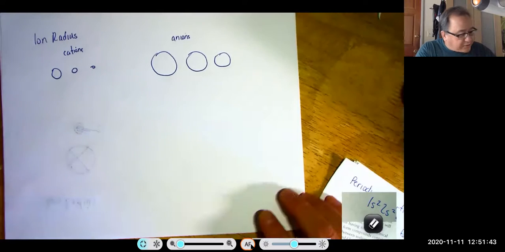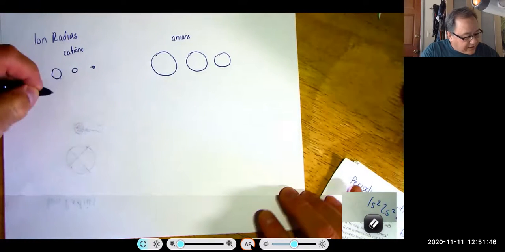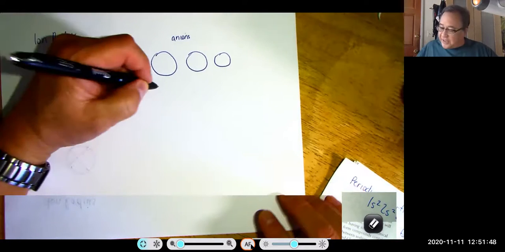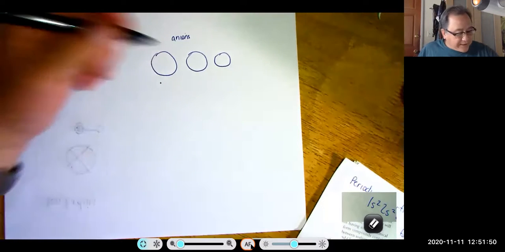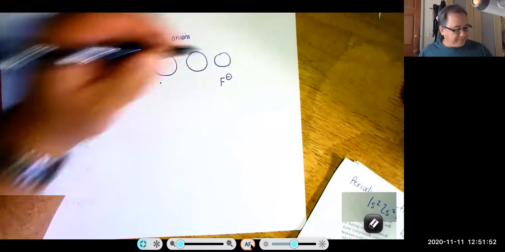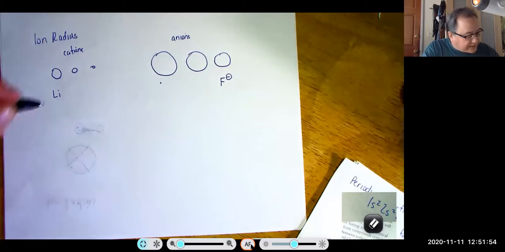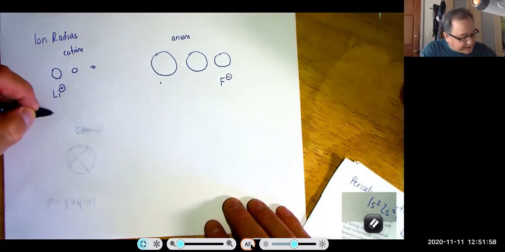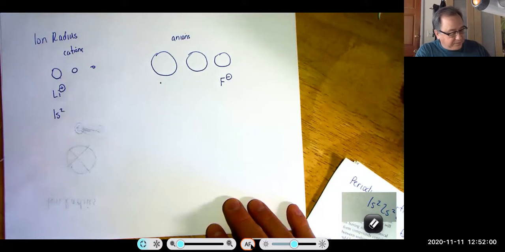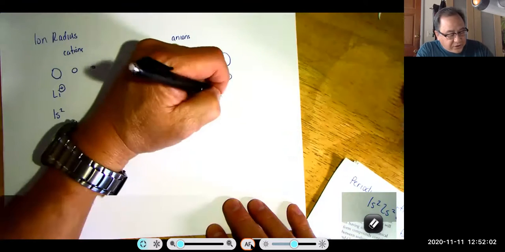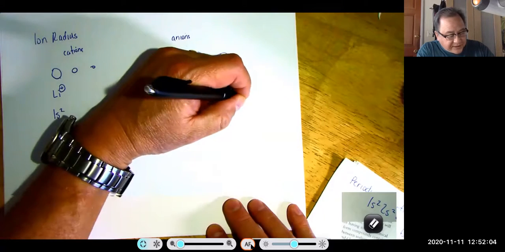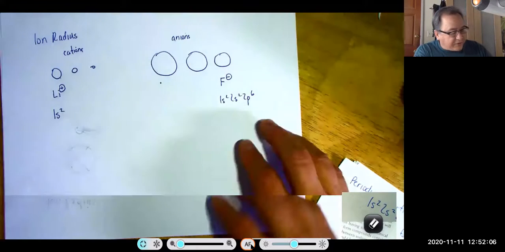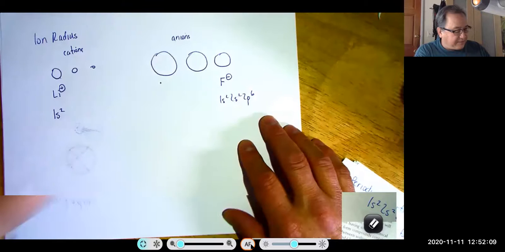So why are these smaller and these bigger? Well, let's take a look at lithium versus, say, fluorine or fluoride. This is the lithium cation, and this is the fluoride anion. The lithium cation is 1s2. Fluoride is 1s2, 2s2, 2p6. Why is fluoride bigger than lithium?